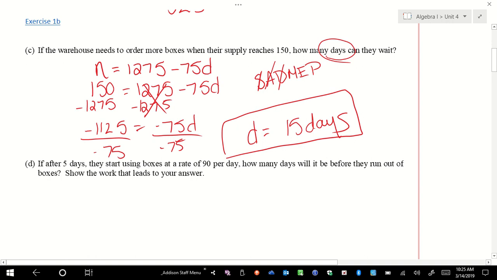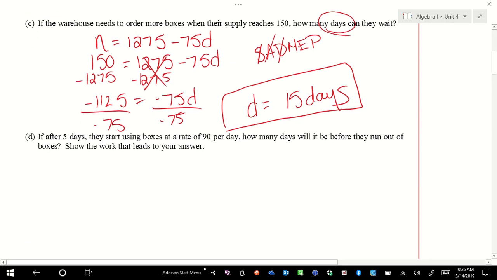Okay, what about after 5 days? They start using boxes at a rate of 90 per day. How many days will it be before they run out of boxes? Well, it says after 5 days. I need to know how many boxes they have after 5 days. I can use the same equation again.